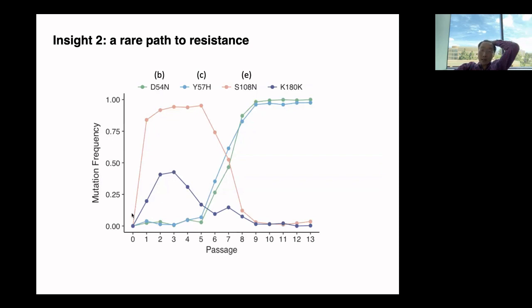What you see here is that initially S108N, which is this greedy mutation, is sweeping, but before it quite gets to 100% mutational frequency, this double mutant emerges and takes over, and then it's allowed to find other areas of fitness in this landscape, including ones that don't contain S108N, of course, but do contain D54N.